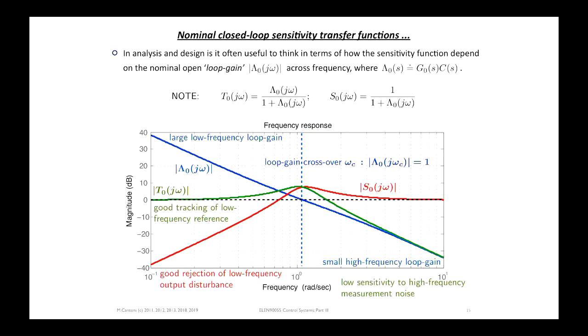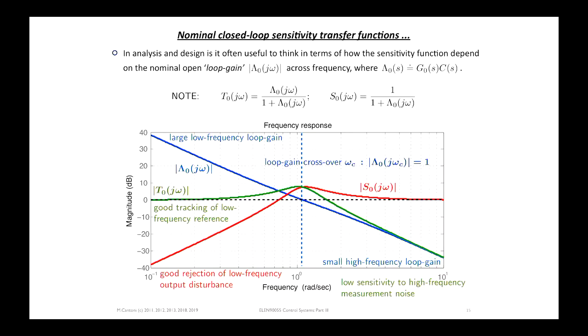So wherever we want the output sensitivity function to have low gain, we just make the open loop transfer function have high gain. Wherever we want the complementary sensitivity function to have low gain, for example, to reduce the effect of sensor noise at high frequency, we just make sure that the open loop transfer function has low gain at those frequencies.